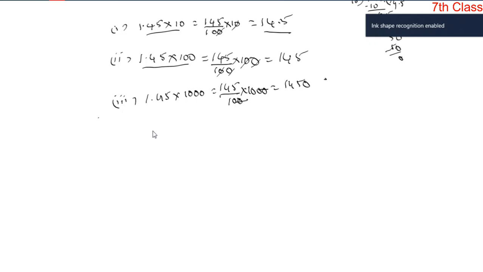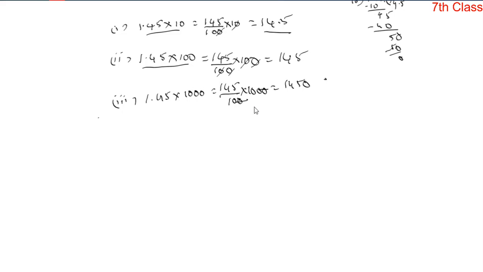So here you observe the shift of the decimal point in the products. Here, this is the product of these two numbers, and this is the product of these two numbers. You observe the shift of the decimal point in these products.